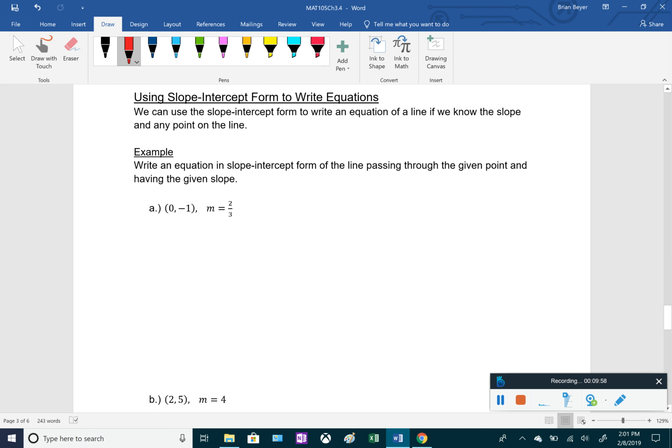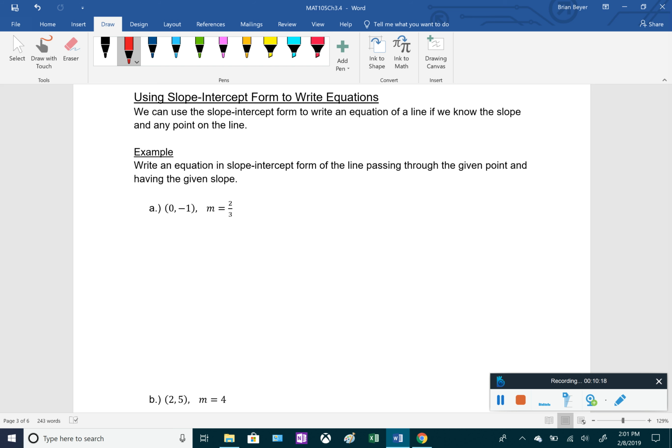So for the next thing, we're going to be creating the equation this time. We're going to use the slope-intercept form to help us write these equations. If we're given the slope and any point on the line, technically there's an infinite number of xy coordinates that will be on the line.